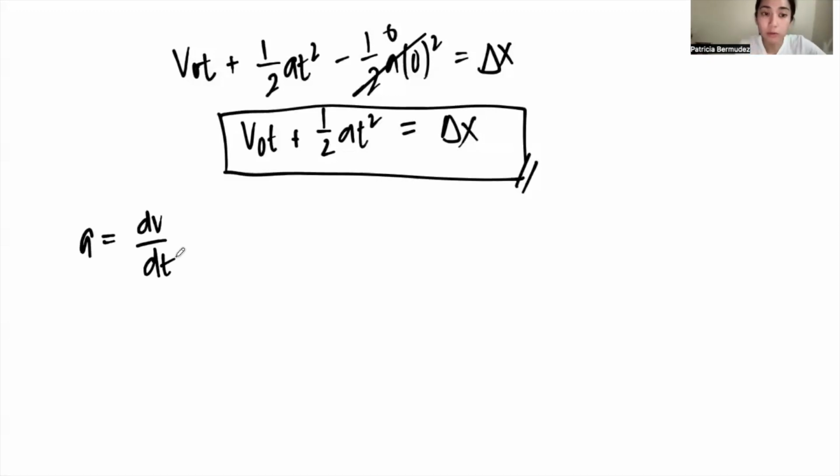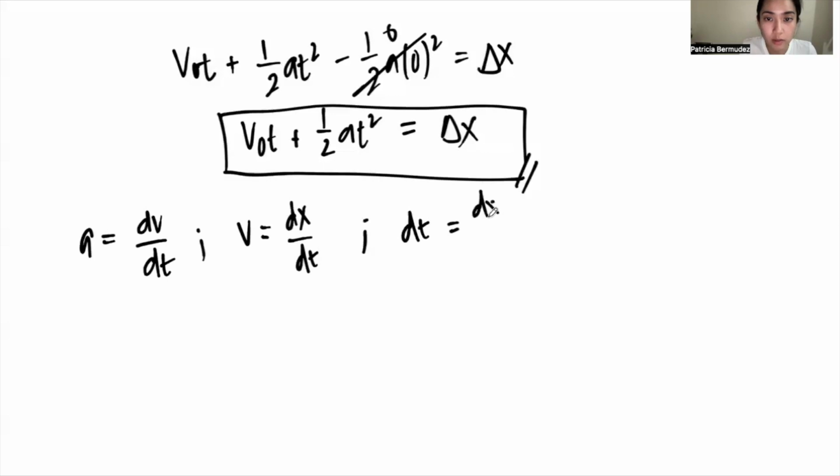So what I'm going to do is I'm going to express velocity in terms of its differential form as well. So that is dx over dt. And since there's dt here and there's a dt here, I can make this the subject of the equation, and then I'll replace it in the first equation that we started off with. So we will get dt is equal to dx over v.